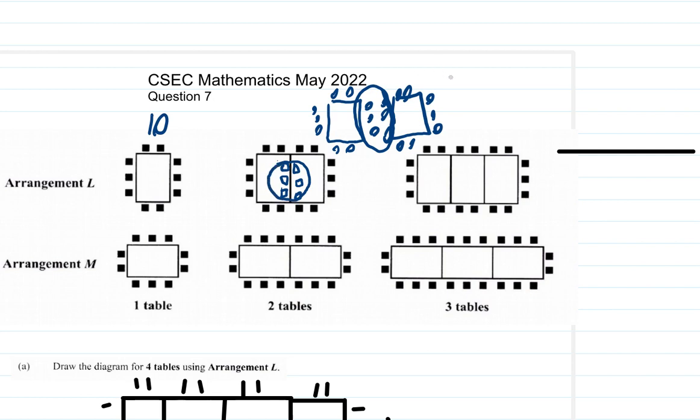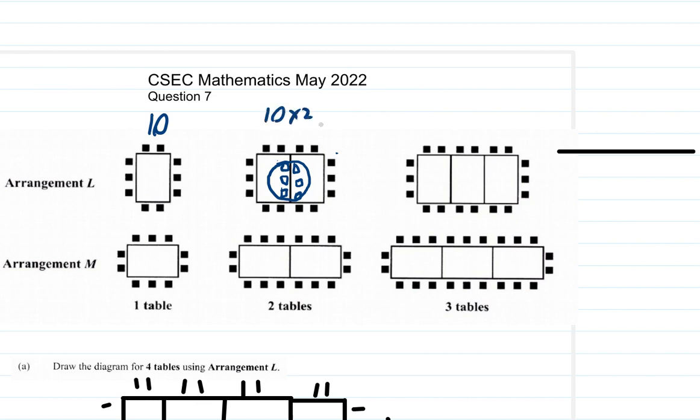Now, with 2 of them separate, it would have been 10 times 2. But now you minus 6, all right? Now with 3 tables together, you would expect 10 times 3 minus something.